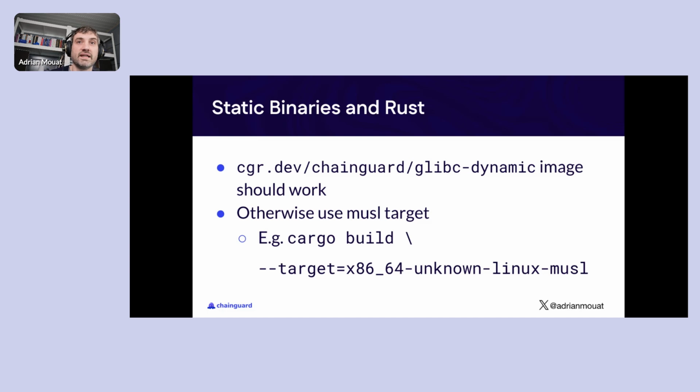What are the benefits of static over Scratch or something like that? That's a good question. Linux applications quite often expect a few things to be available. For example, a temp directory. A lot of things expect to be able to call mktemp, and you won't be able to if you don't have a temp directory.